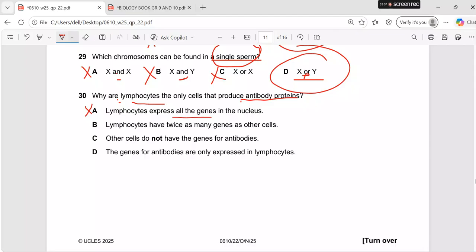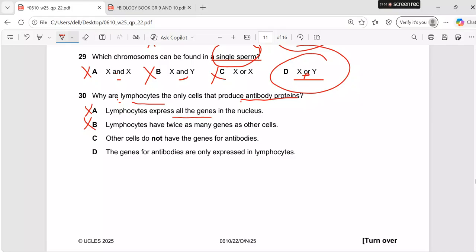The particular genes are expressed by a particular type of cells. Lymphocytes have twice as many genes as other cells. No, it has as many genes as other cells. You cannot have a different number of chromosomes or genes in different cells.